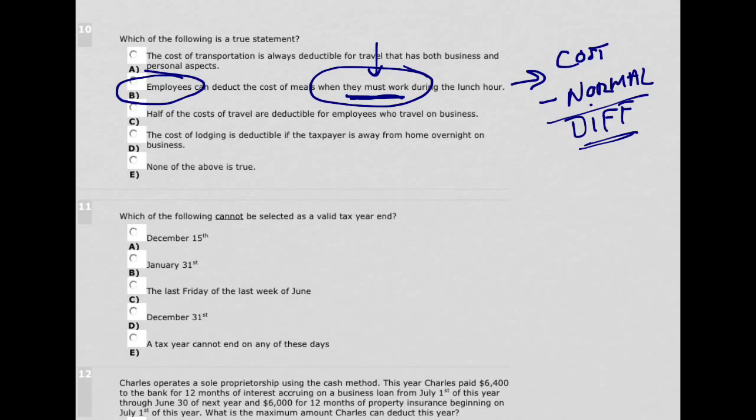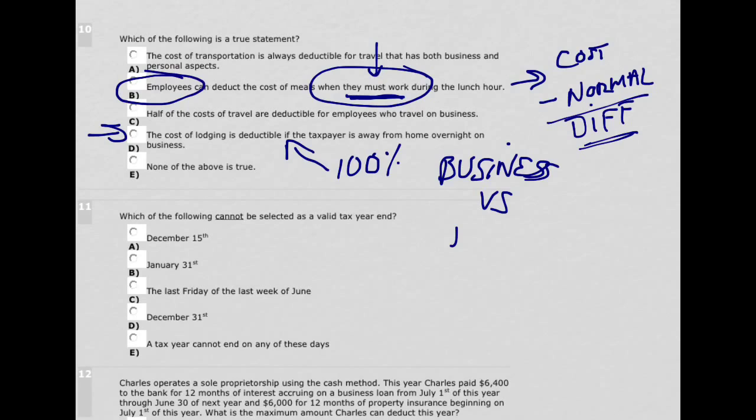Here, I'm not sure about D, which is what most people thought the answer is, and I believe it is a true statement also. Here, they were looking for, in the explanation of the answer bank, the fact that the cost of lodging is not 100% deductible, that you have to look at the percentage of time towards business versus personal.